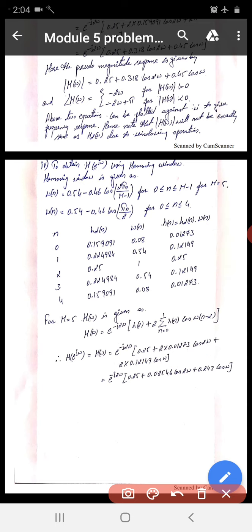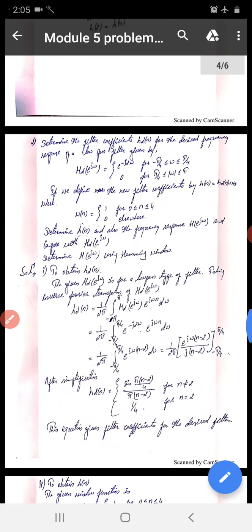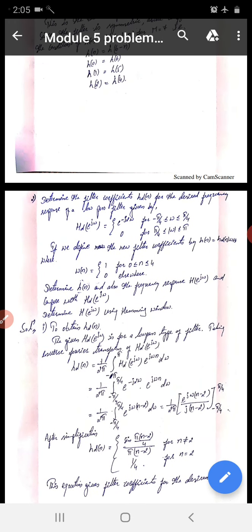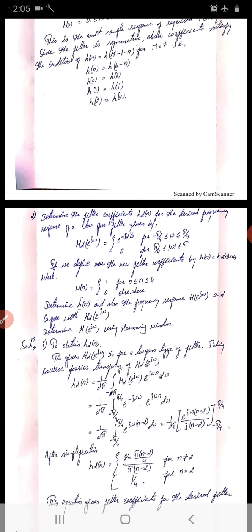Okay, if you do that, you will be getting the desired frequency response H of e raised to j omega as e raised to minus j 2 omega into 0.25 plus 0.02546 cos 2 omega plus 0.243 cos omega. This is what the problem given, and we calculated our frequency response also. Okay.